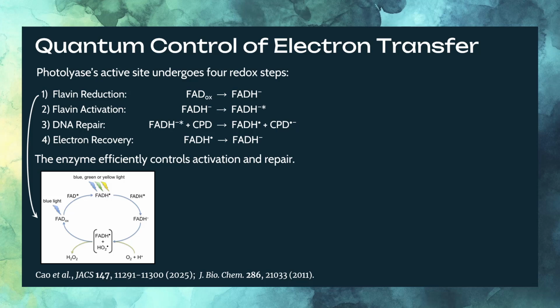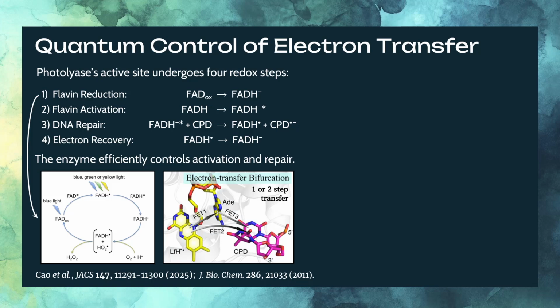Now, with that photoactive state, DNA repair can occur by what is becoming understood to be a 1 or 2 step transfer process, either tunneling directly to the CPD lesion, assisted by the adenine part of the FAD cofactor, or in a 2-step process where the electron hops or tunnels to the adenine cofactor and then hops or tunnels directly to the CPD lesion from there.